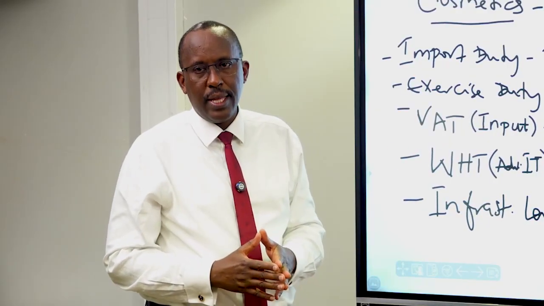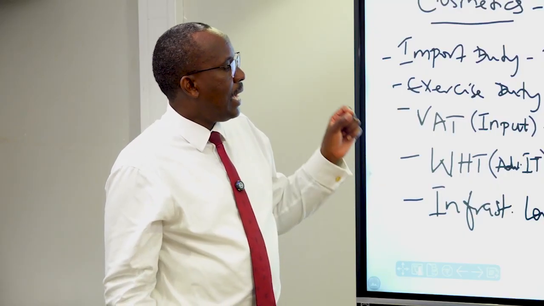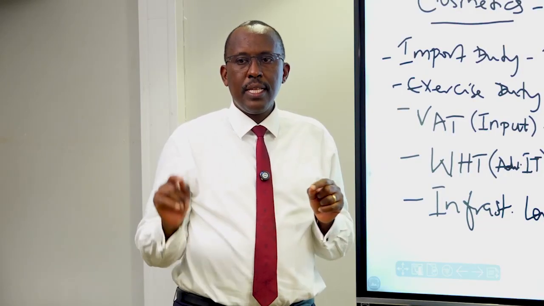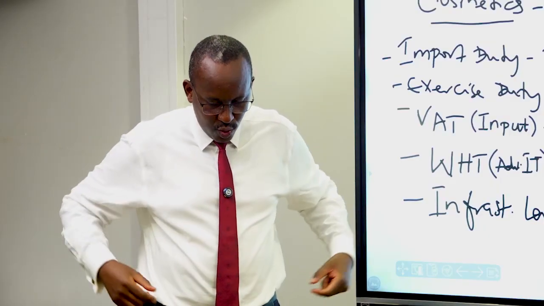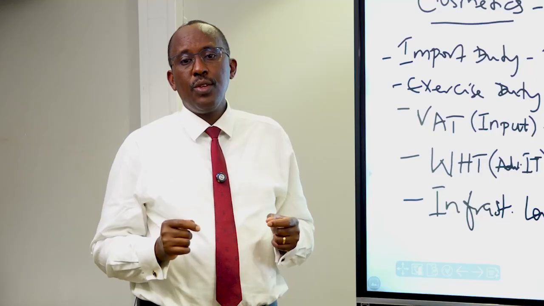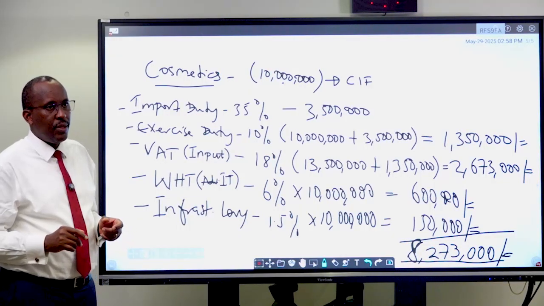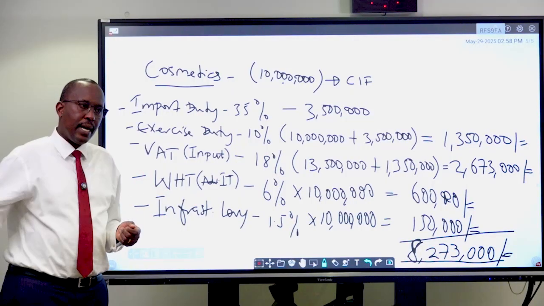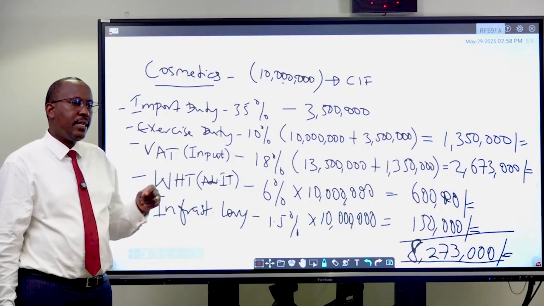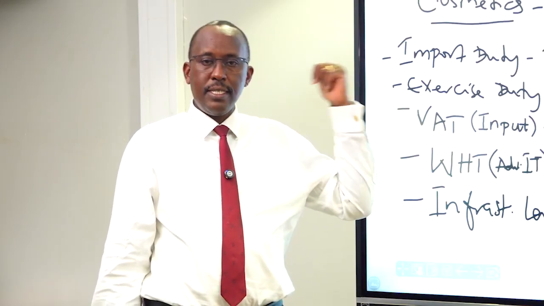They add all that together so that what they come up with helps them establish the cost per product. That is why if you go to China to buy this shirt yourself, you may buy it at less than $2, or maybe $3 or $4 for argument's sake. But if you're going to buy it here in Kampala, you'll most likely pay 3-4 times what you would have paid in China.